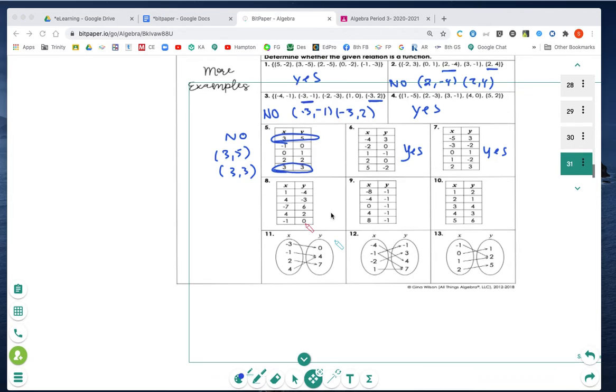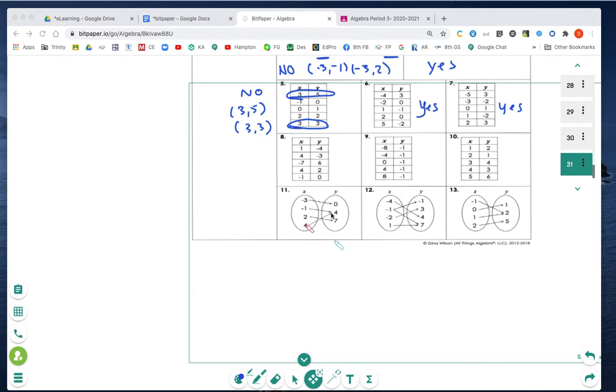Next one, any x's that repeat? And of course on this one, we do have x's that repeat. We have a (4, -3), and we have a (4, 2). So this would be a no, (4, -3) and (4, 2) are the ordered pairs that make it not a function.